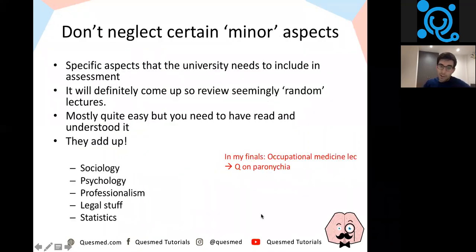So what does that mean for you? Do not neglect what you assume to be minor aspects. I think I did this a lot, which was bad. There are certain things that the university needs to include in your assessment, and it will definitely come up. There are certain lectures that you will come across in your course that are really random.